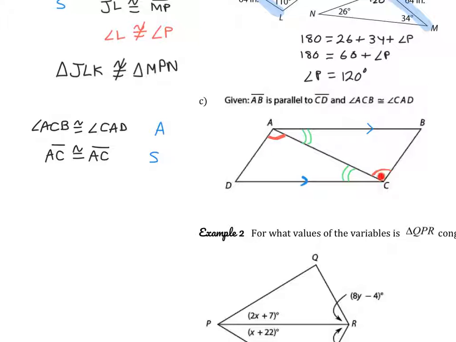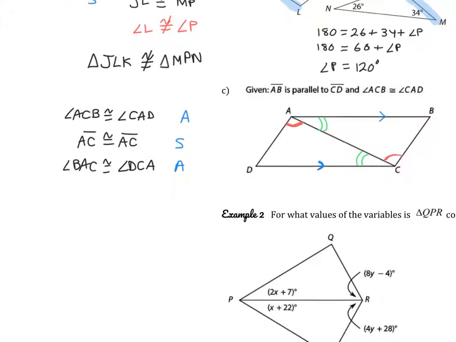So we've shown this angle is congruent, the sides are congruent, and then we can make this last statement again, that angle BAC is congruent to angle DCA. And again, we knew that because they are alternate interior angles, and that would be our last step of angle side angle. So because of angle side angle congruence, we can state that the two are congruent. So let's say I named the first triangle ACD.